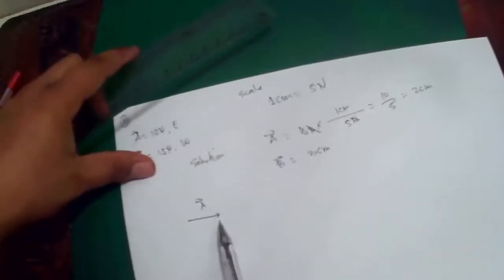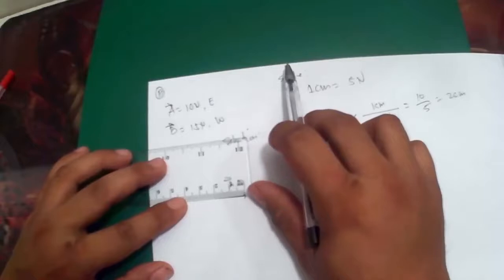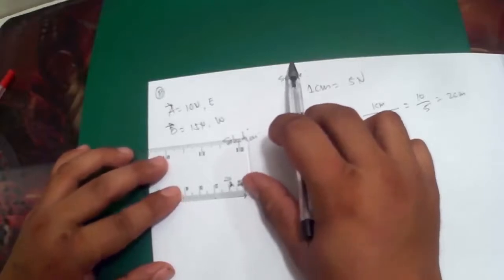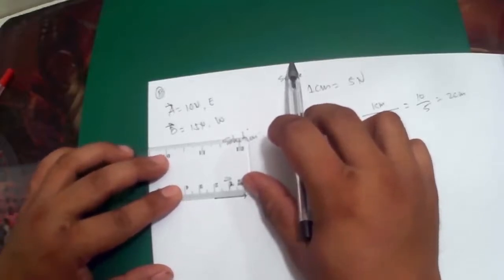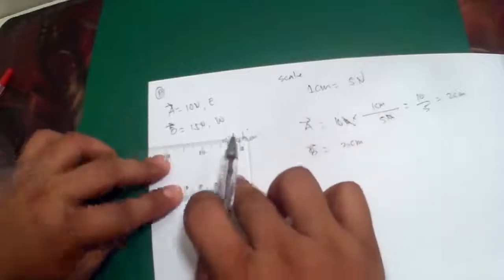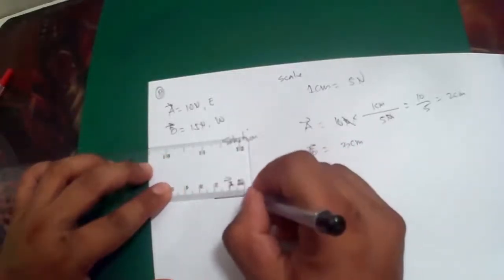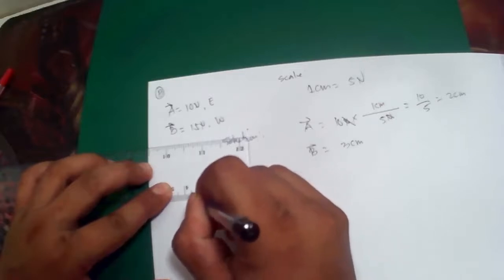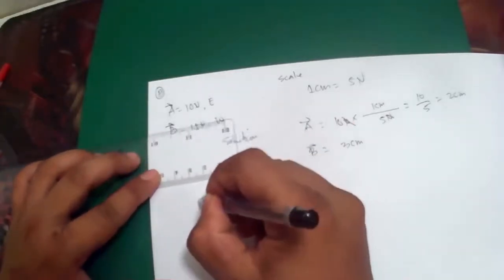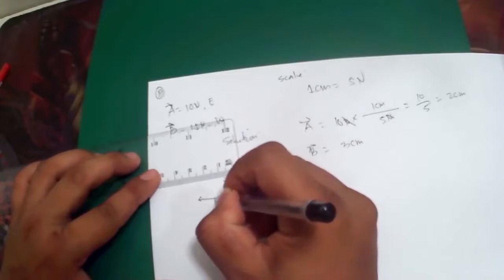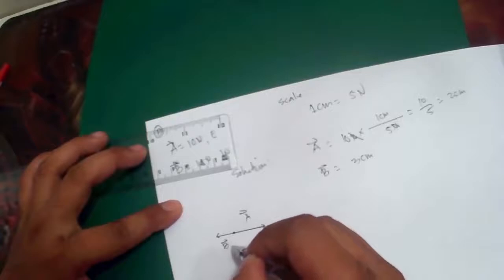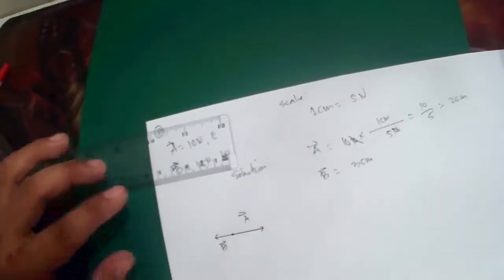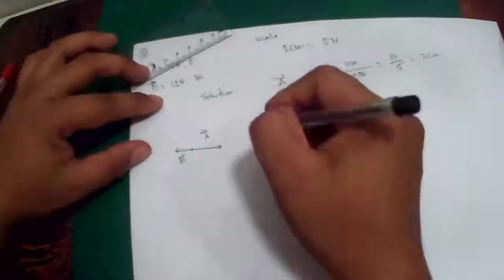From the head of the first vector, I will draw the second vector. So from that head, going 3 centimeters. So this will be the point of origin. So for vector B, this is 3 centimeters.